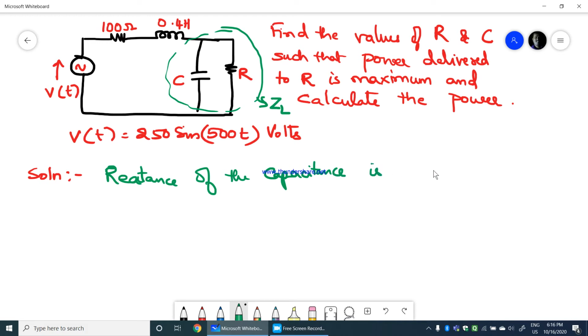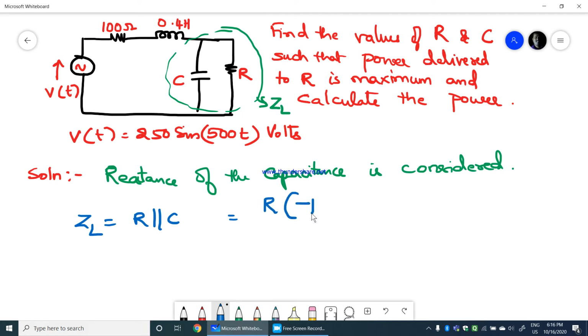So I can say ZL equals R parallel with C. When I consider the reactance of the capacitor, I will get R into minus j XC. Normally we write minus j some value ohms, right? So minus j XC is the reactance that we consider for the capacitor.